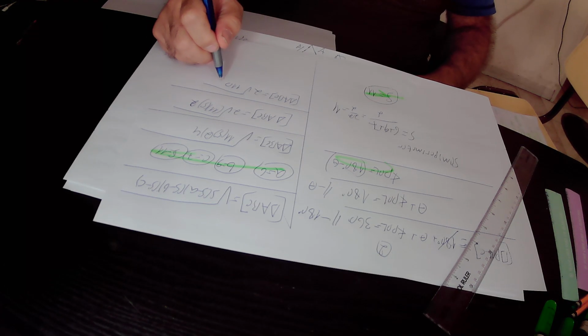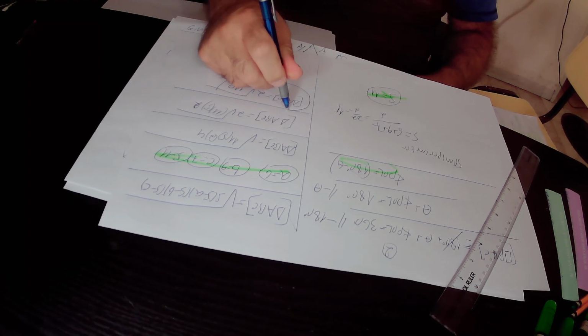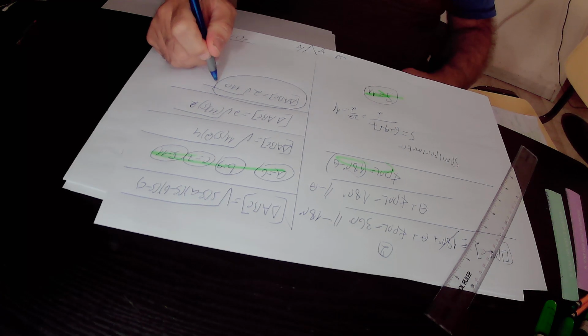So in total, we found that the area of triangle ABC equals 2 times the square root of 110.